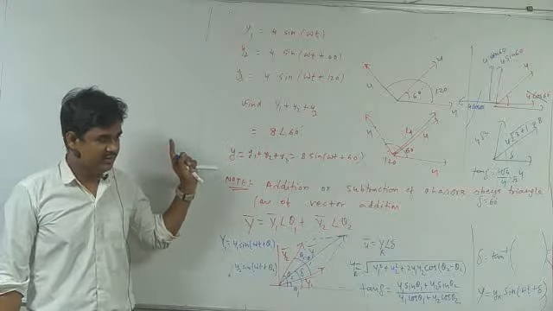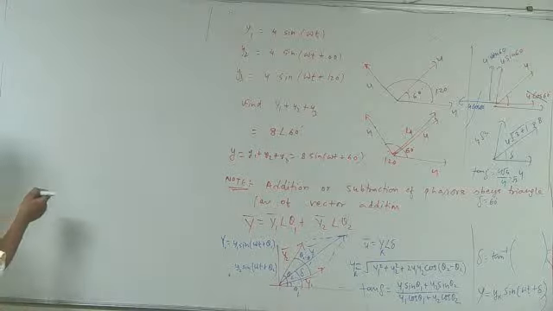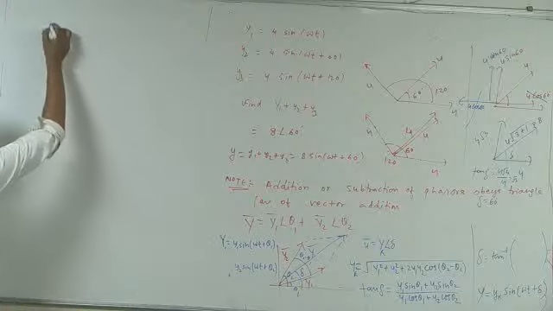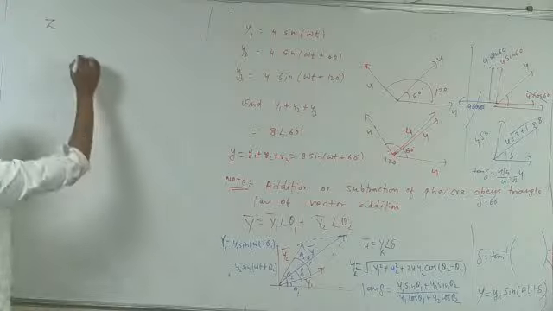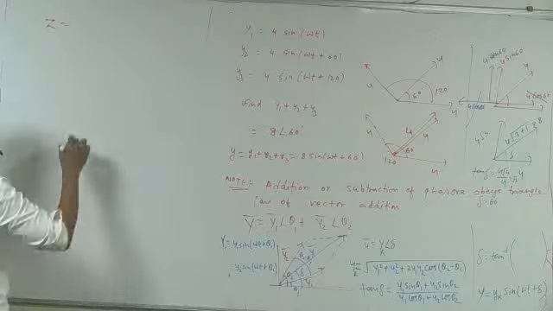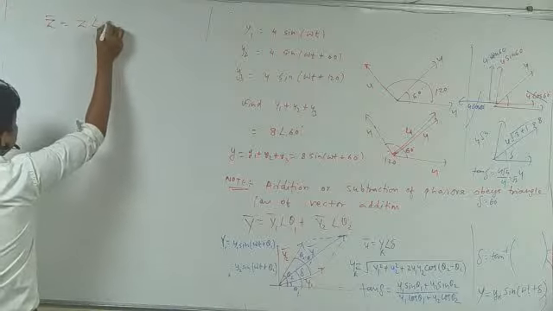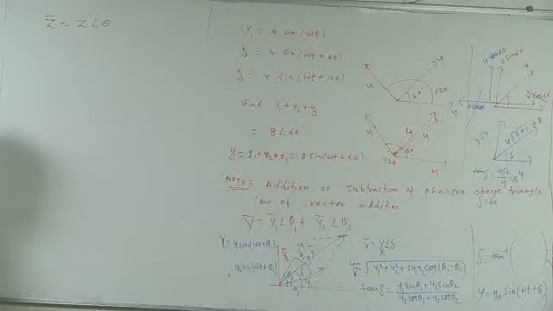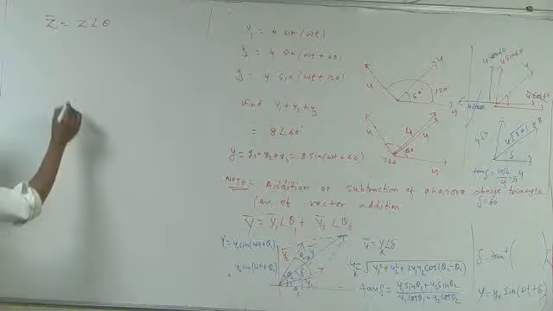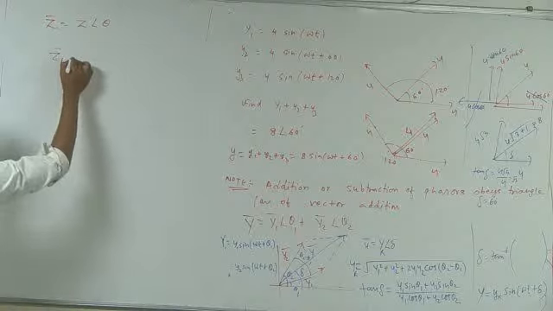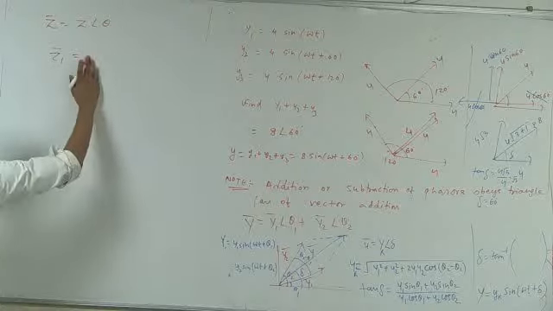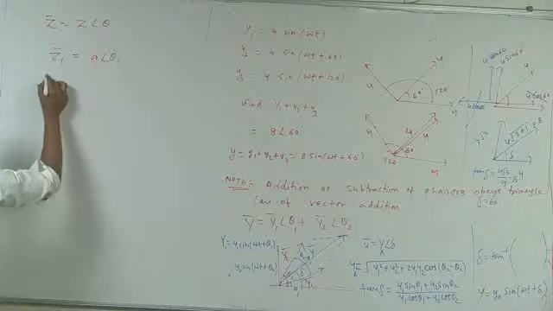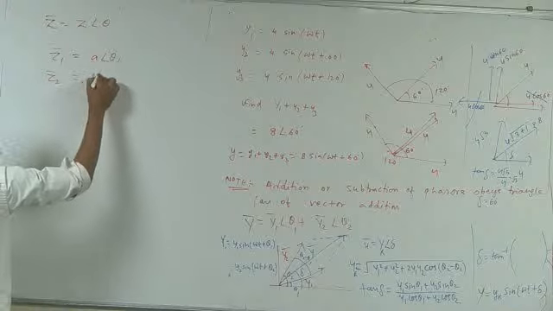Fine? Okay then. Complex numbers are represented this way, Z. Z is what? Notation for a complex number. Z phasor is what? That is Z angle theta. Yes or no? Now suppose you have been given Z1 phasor, let's say that is A angle theta 1, and Z2 phasor as B angle theta 2.